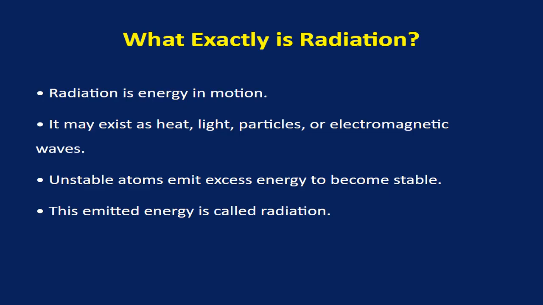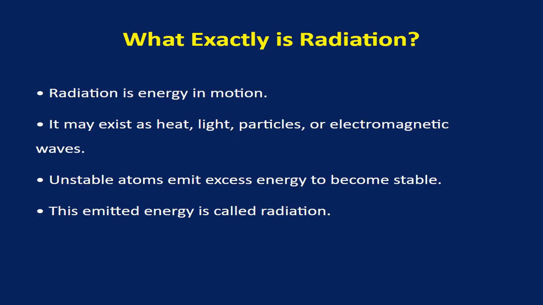What exactly is radiation? Let's start with a simple question. What is radiation? Think of it as energy on the move. It can travel in different forms: as heat, as light, as tiny moving particles, or as invisible electromagnetic waves.